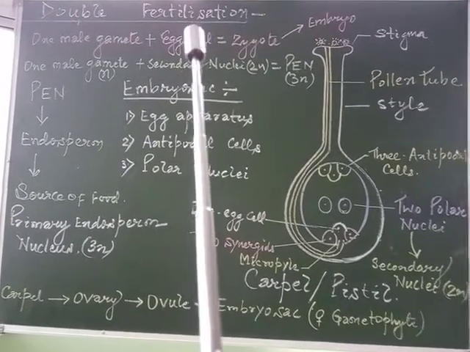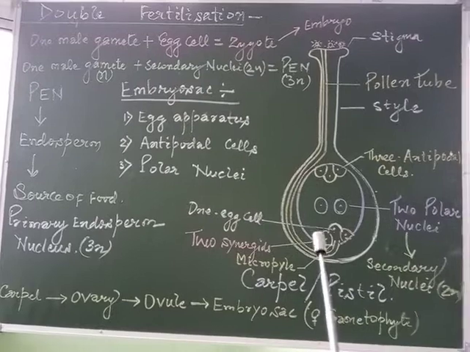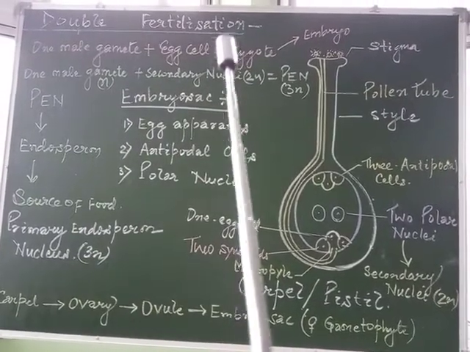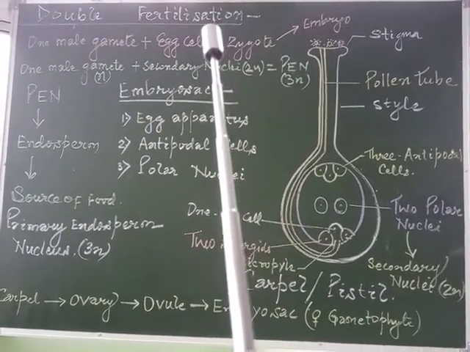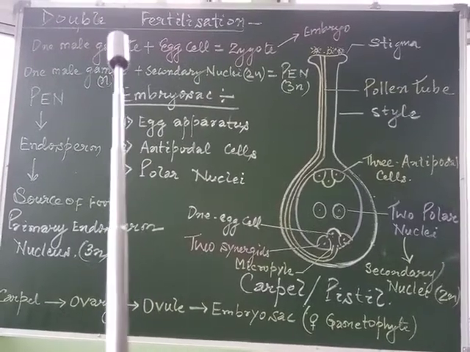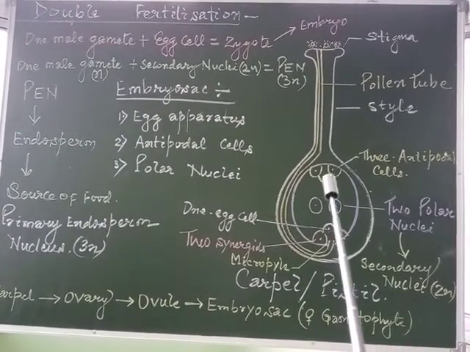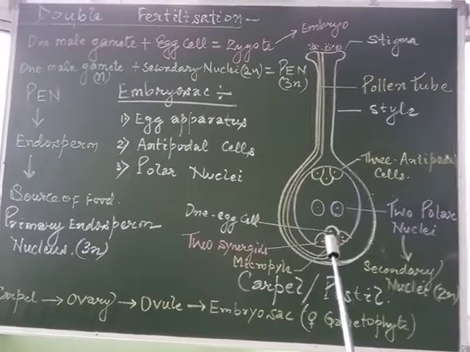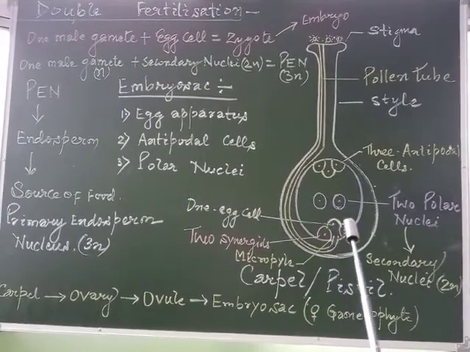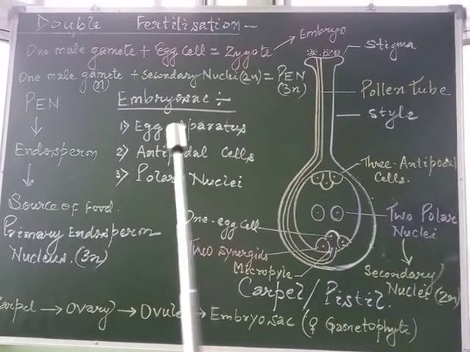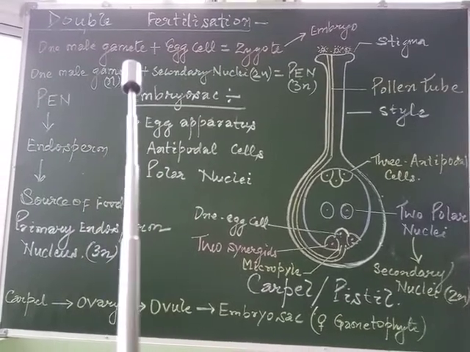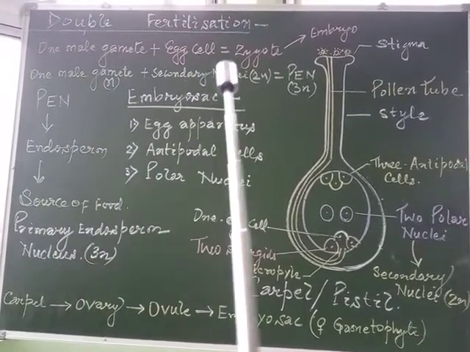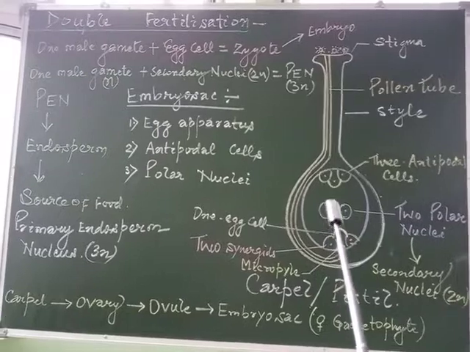So the fertilization takes place two times, so it is called double fertilization. And as the process completes, the antipodal cells and the synergids degenerate, and that is the process we call double fertilization.